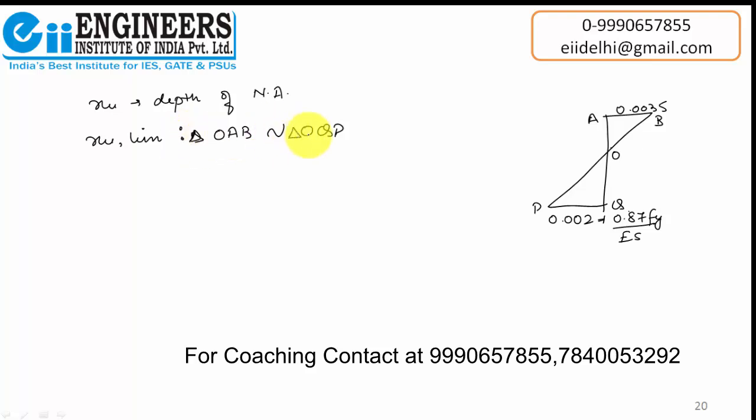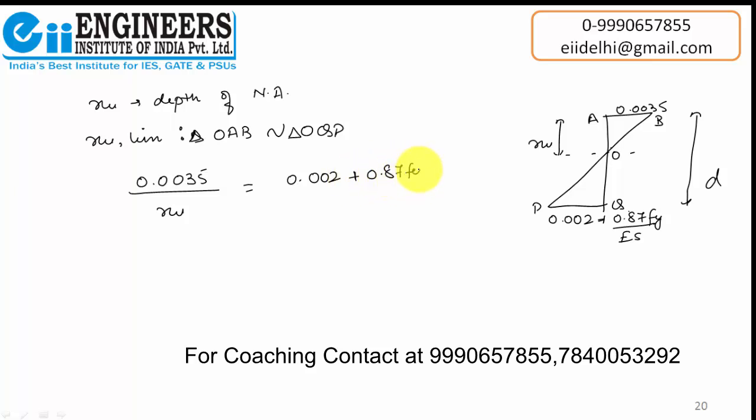Since these are similar triangles and this depth is Xu, this depth is d, we can take 0.0035 upon Xu equals 0.002 plus 0.87 Fy by Es upon d minus Xu.